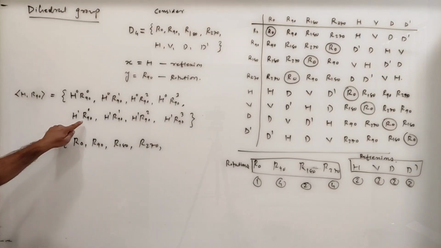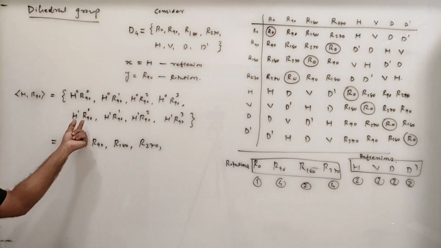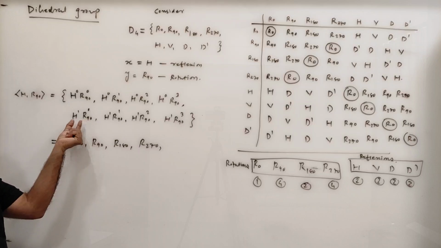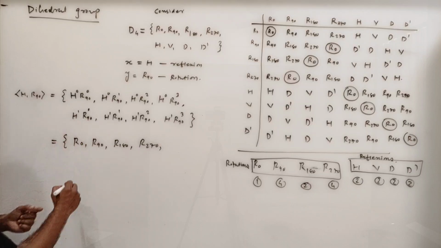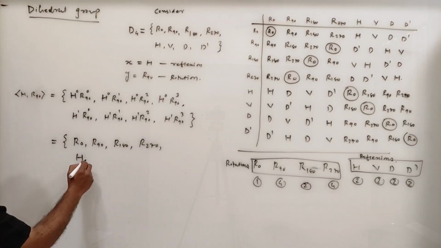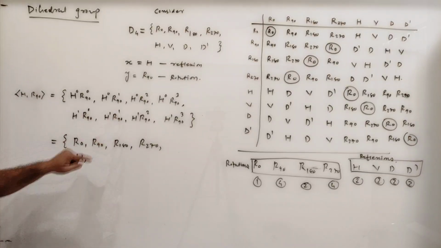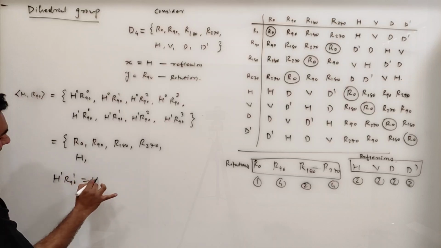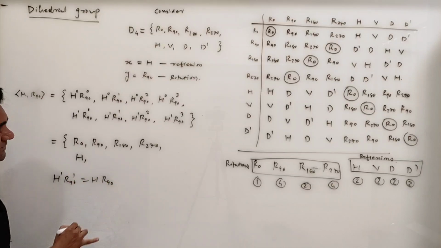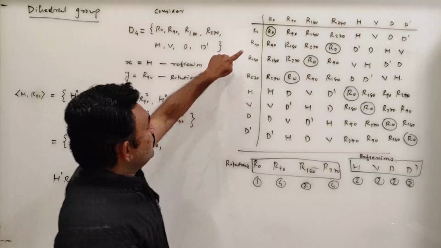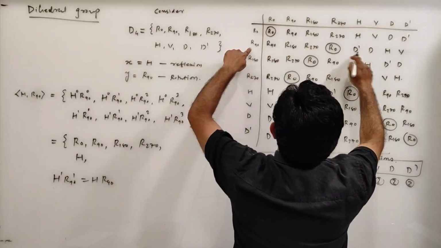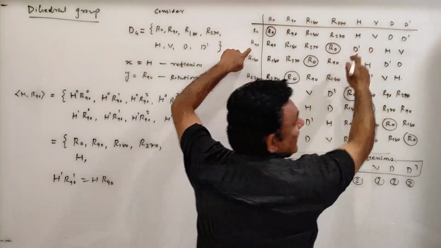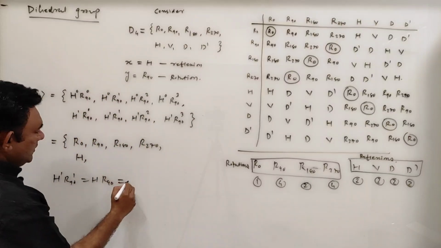Now h raised to 1 and r90 raised to 0: this is identity, and h raised to 1 is h. So this is my h. Now h r90 raised to 1 means h r90. So let us see what h r90 is. It is r90 into h, which is D dash.